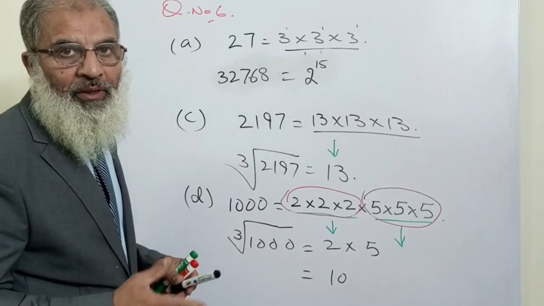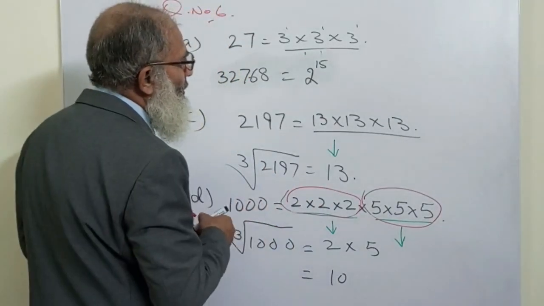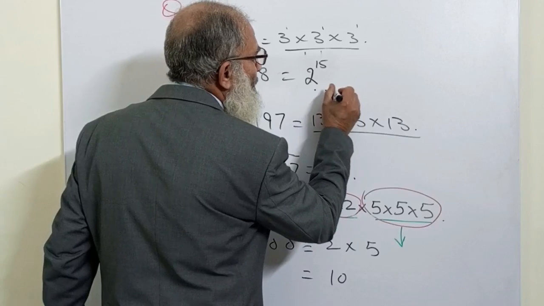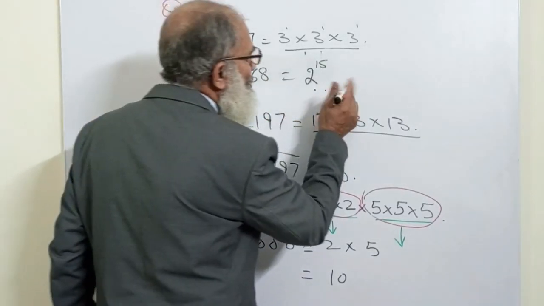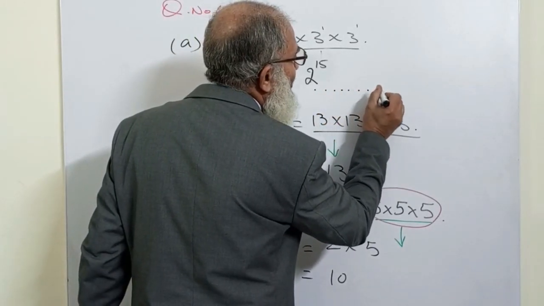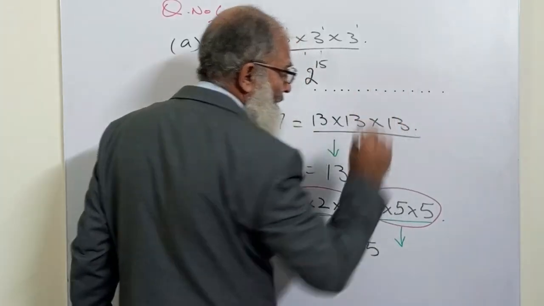So how many factors will you have to pick from this? You just assume that I am writing 2: 1, 2, 3, up to 15.